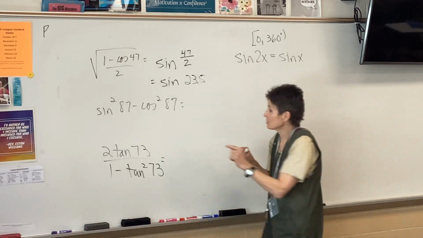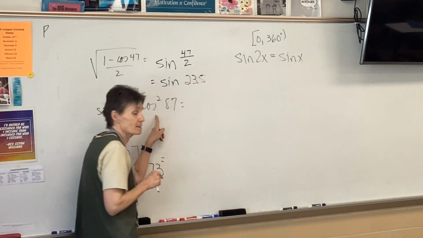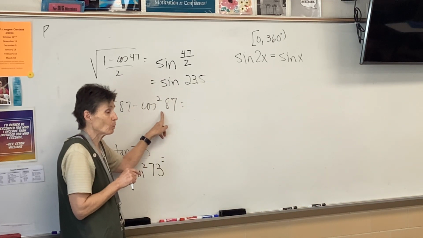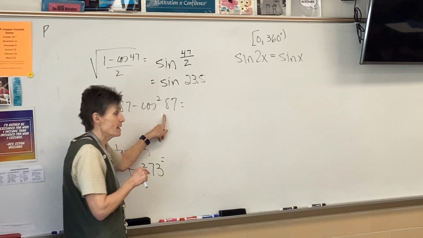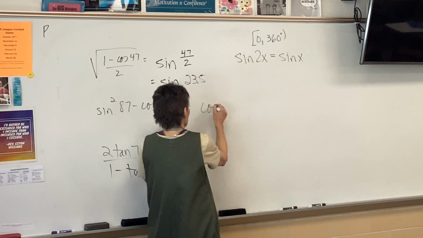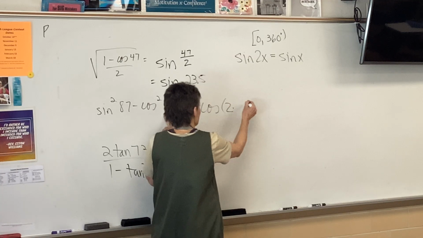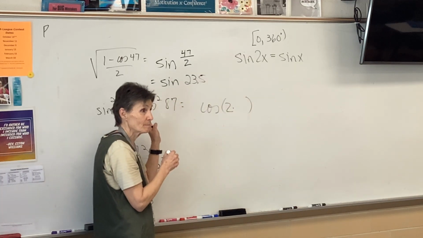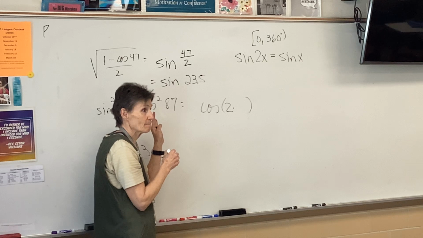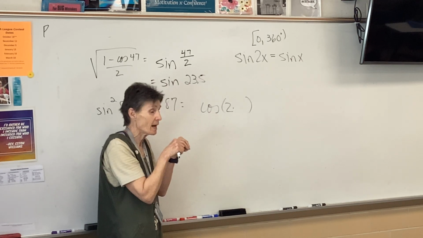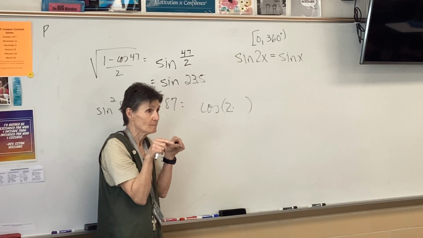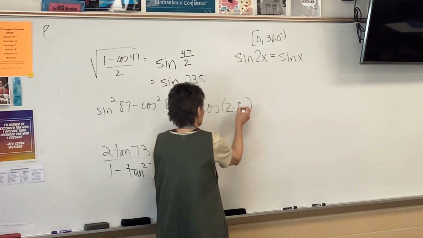So this is the backwards of your cosine formula. And it's the formula for the cosine of 2 times an angle. Guys, cosine squared minus sine squared is the cosine of 2 times the angle. So your angle is 87.